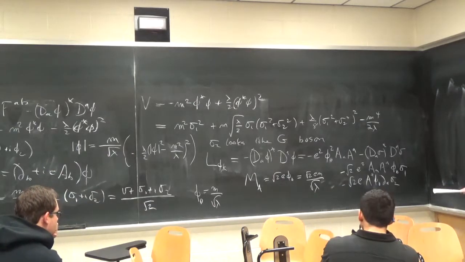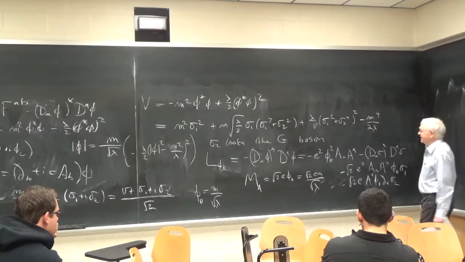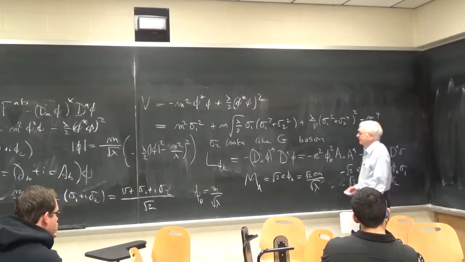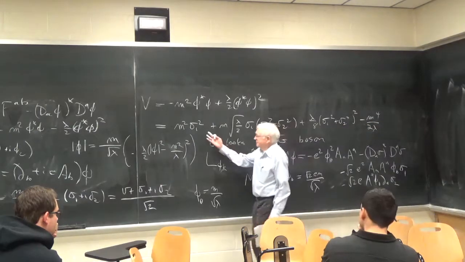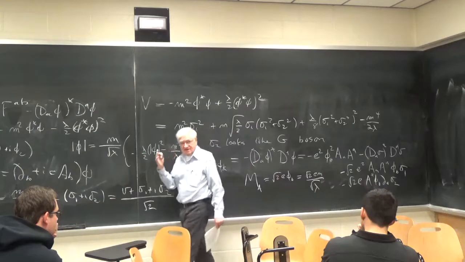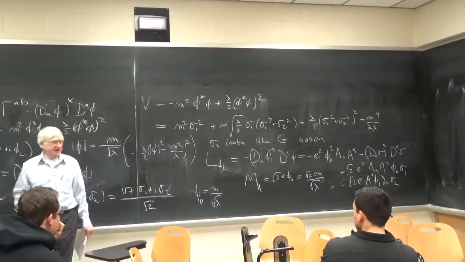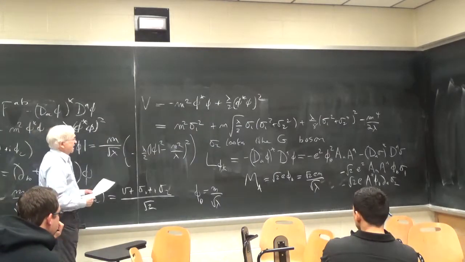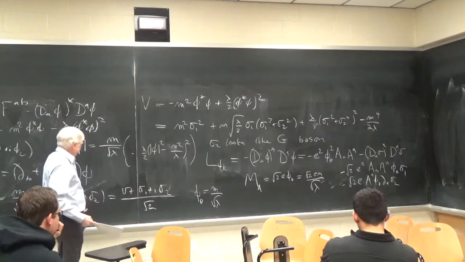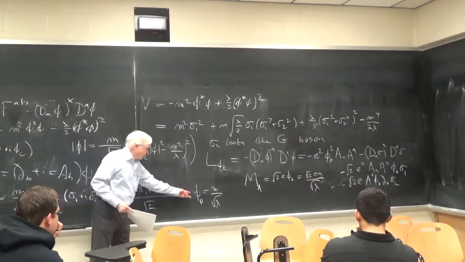And so this is the Abelian Higgs mechanism. What's happened here is that the scalar field is a complex scalar field. The real part of the scalar field assumes a mean value in the vacuum, phi 0.